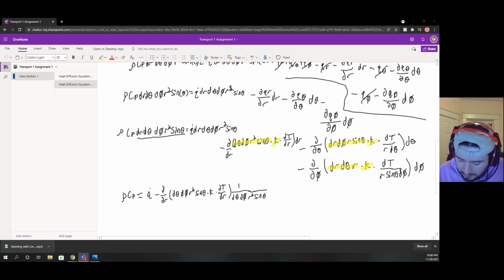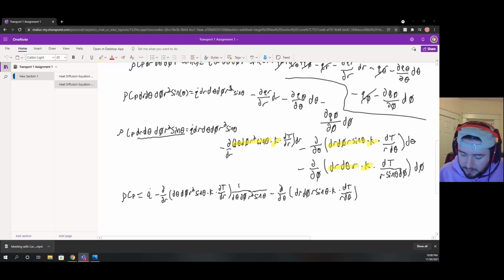And then next we have the theta term, which is dr d phi r sine theta times the thermal conductivity times the change in temperature over r d theta.